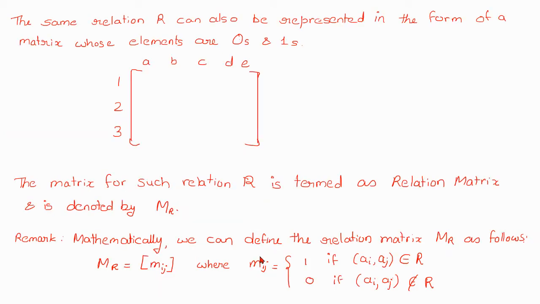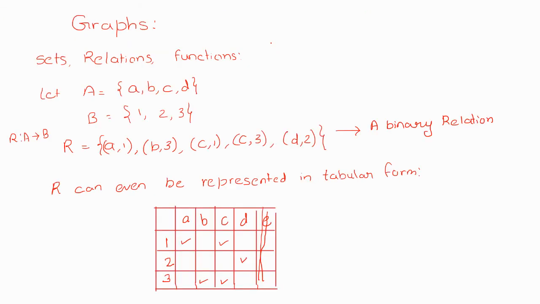Now the same relation R can also be represented in the form of a matrix whose elements are zeros and ones. That means whenever there is a relation between two elements, we will put 1.